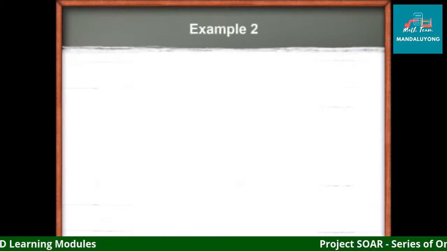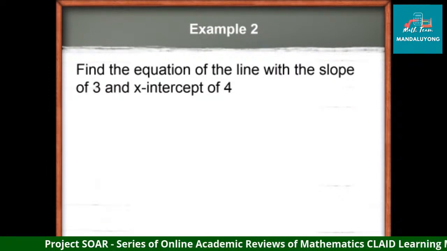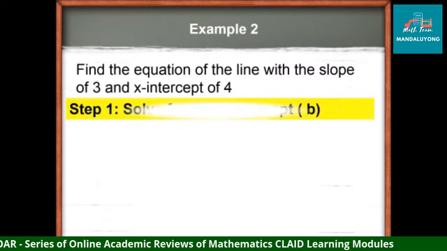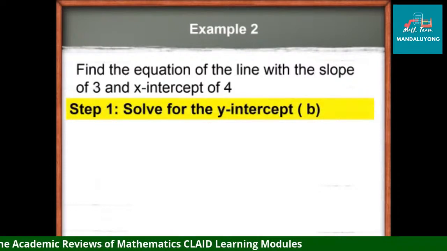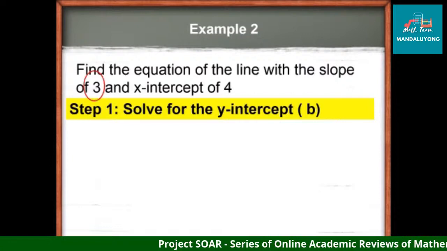Let's now have example number 2. Find the equation of the line with the slope of 3 and x-intercept of 4. Now, step 1. Solve for the y-intercept or our b. Our slope in this particular problem is 3.